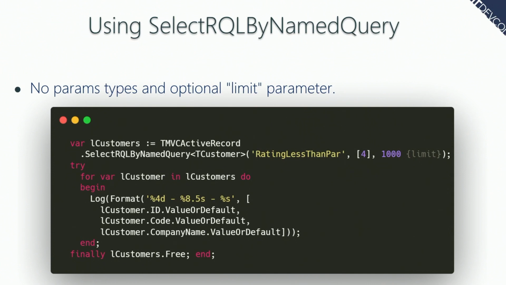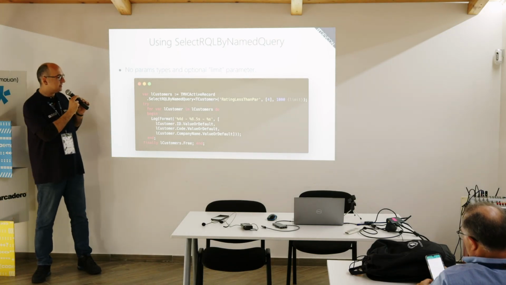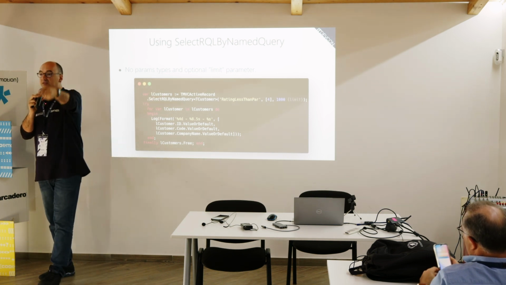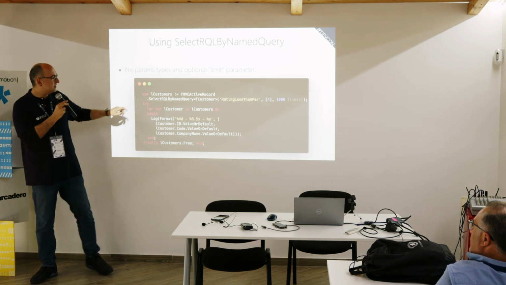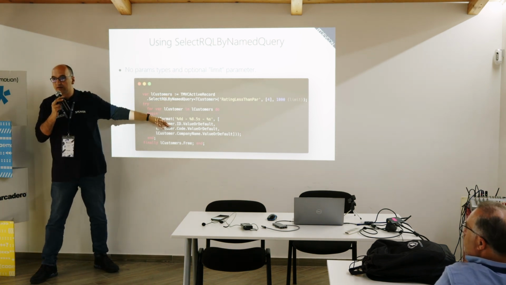Because RQL can be directly written by the user, because it's more or less like a complex Excel formula, it could also be written by the user, and so just put a limit, okay? The mechanism is the same, the statements are the same. If you want to switch from RQL to SQL, your code changes only for this, and you have to write the SQL one, okay?